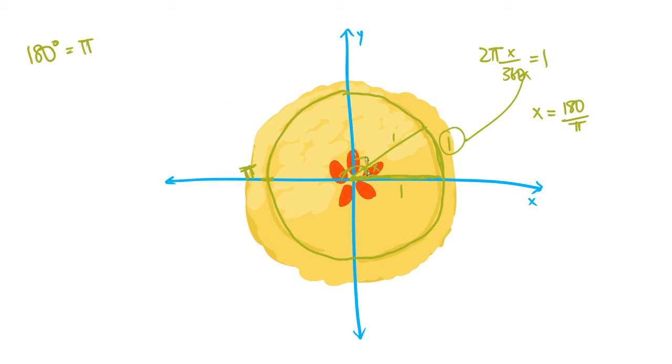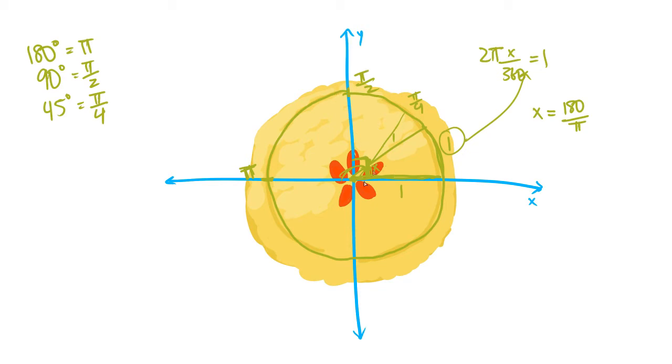Now what would this be? 90 degrees, so 180 over 2 is 90, so this is pi over 2. 45 degrees, what is 45 degrees? 45 degrees is half of 90, so half of pi over 2 is pi over 4. Now you can split this up even further.